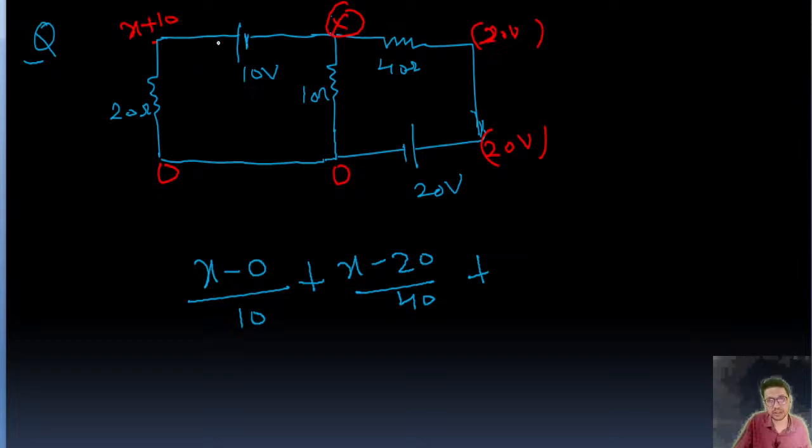There is a voltage, so we'll use nodal analysis here: x plus 10 minus 0 upon 20 equal to 0.